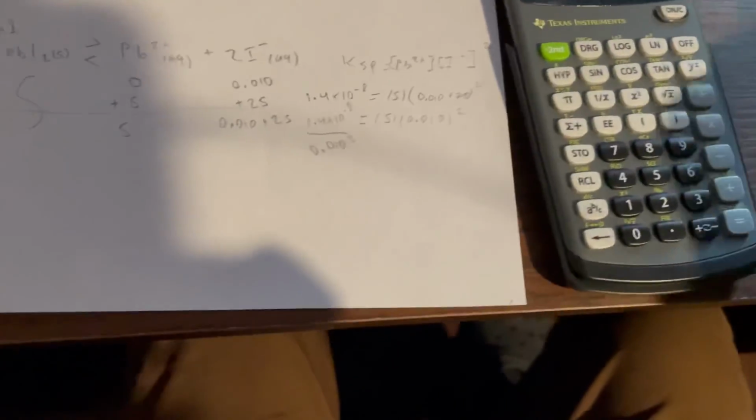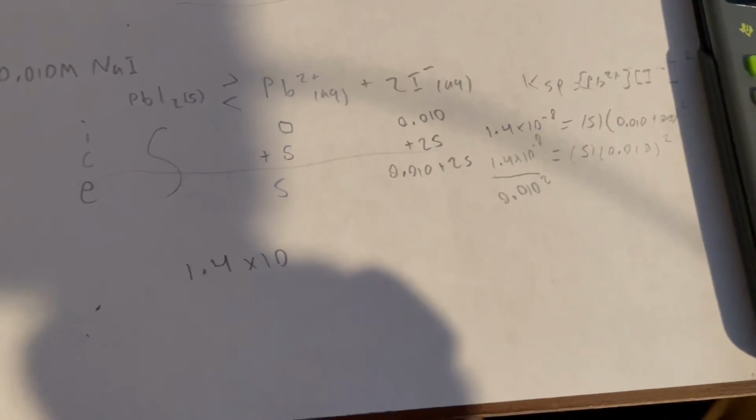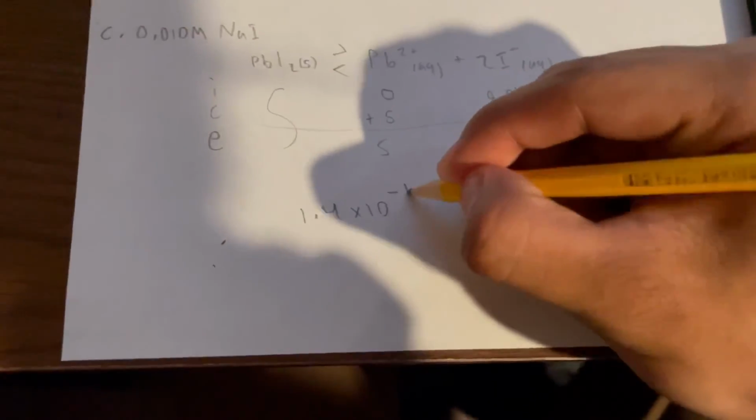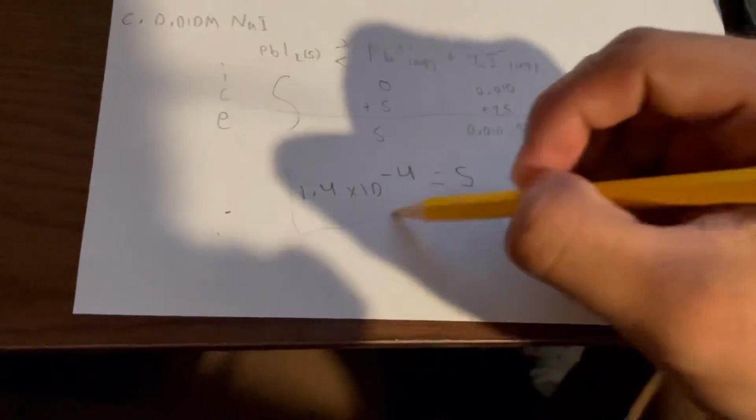So our answer is 1.4 times 10 to the negative 4, and that equals S. And that answers all 3 parts for the extra credit.